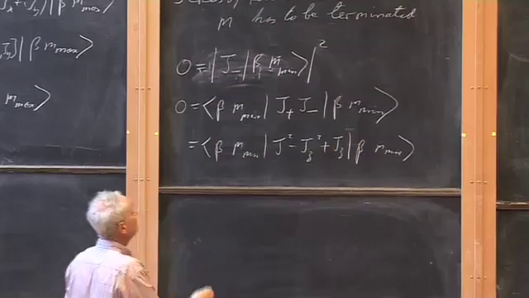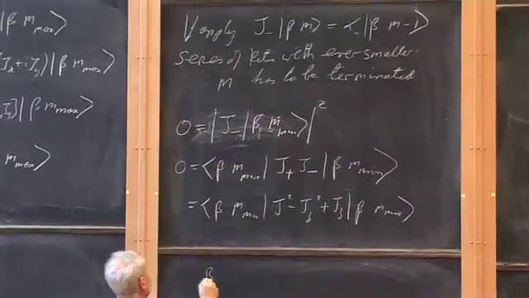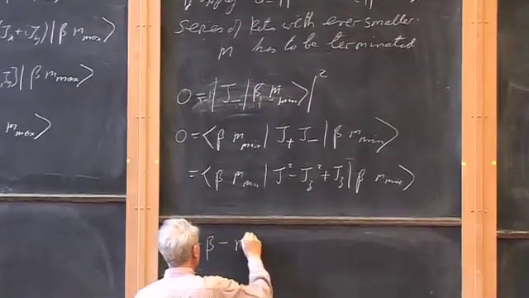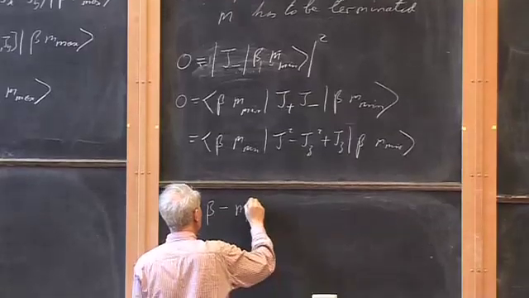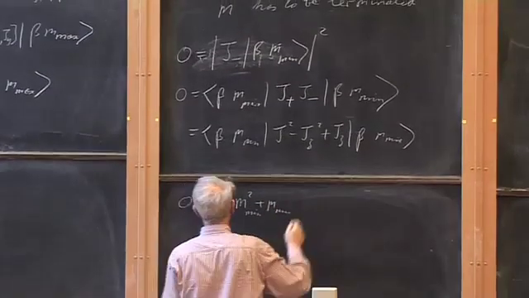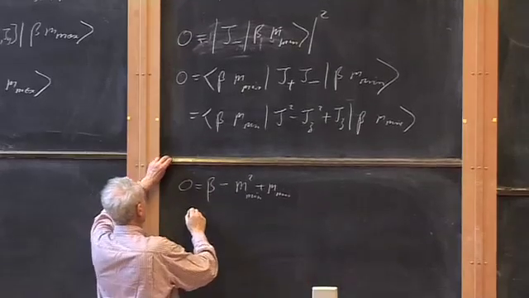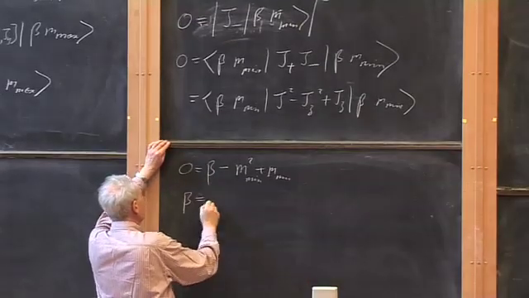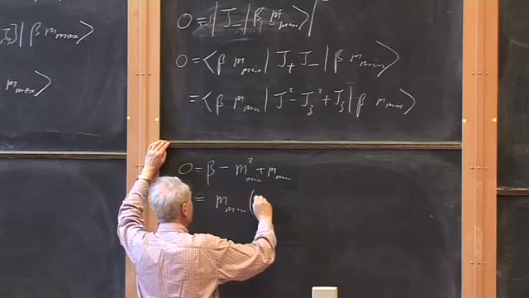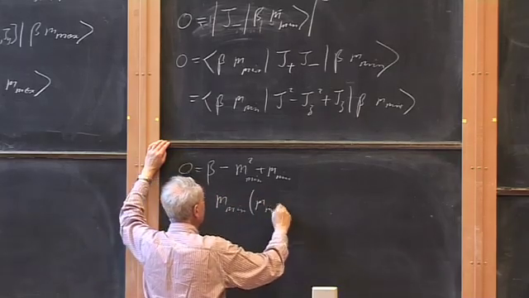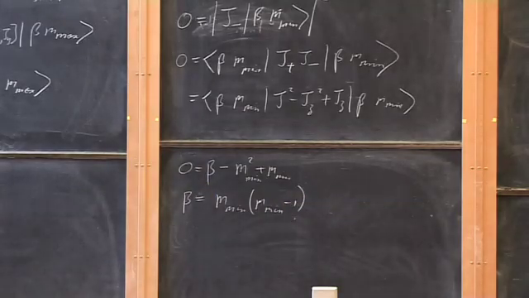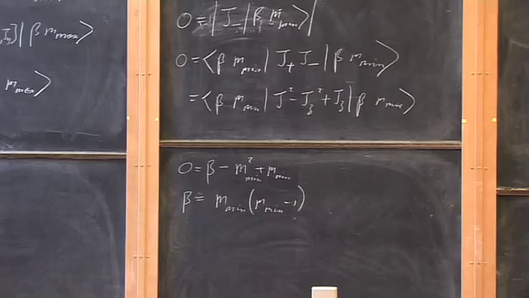Which is going to lead to the conclusion that beta is M min squared minus M min. In other words, beta is also equal to M min minus 1.